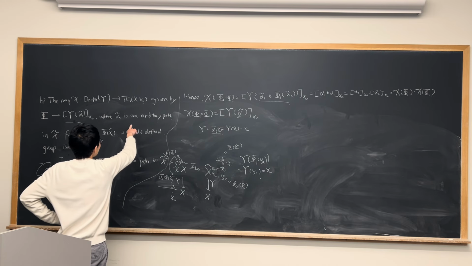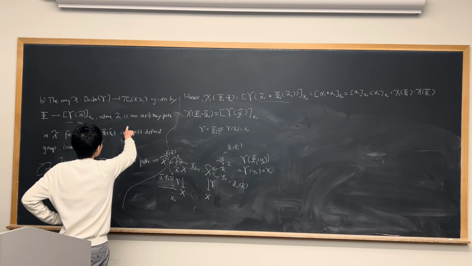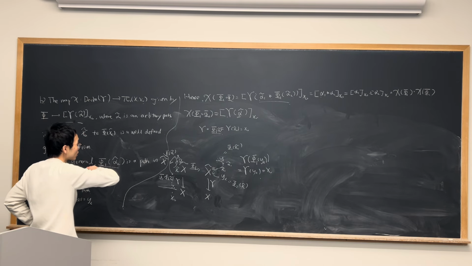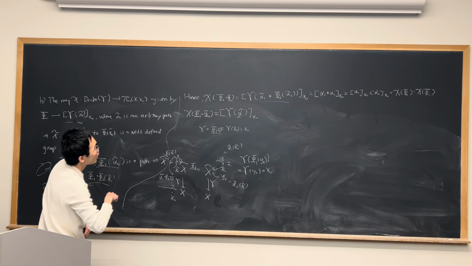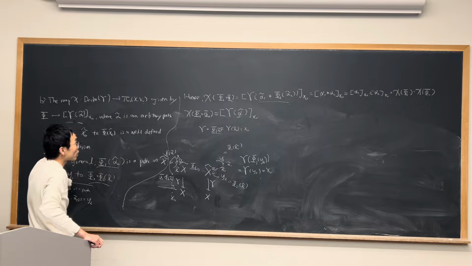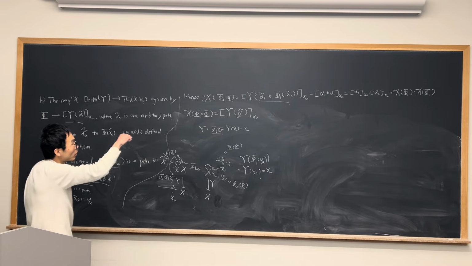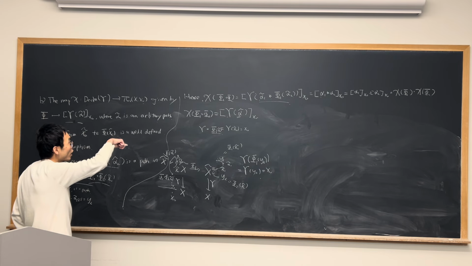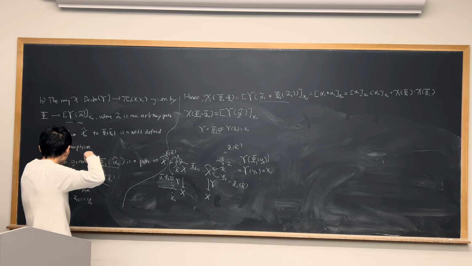So this is the path from where to where? Because here you are starting at y1, but you start with alpha tilde 1.